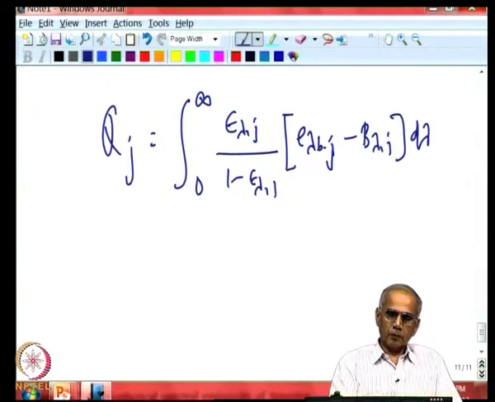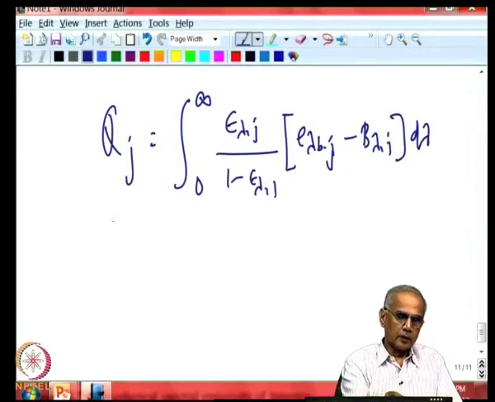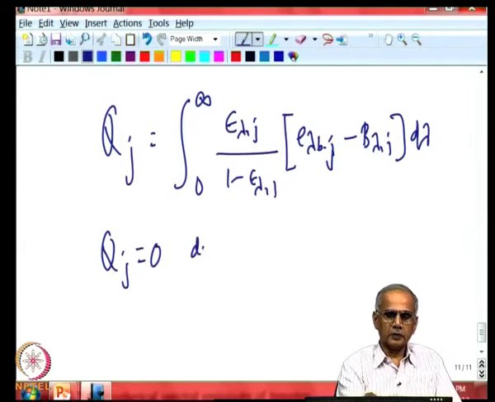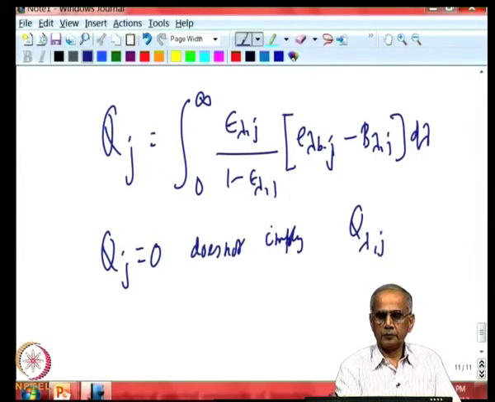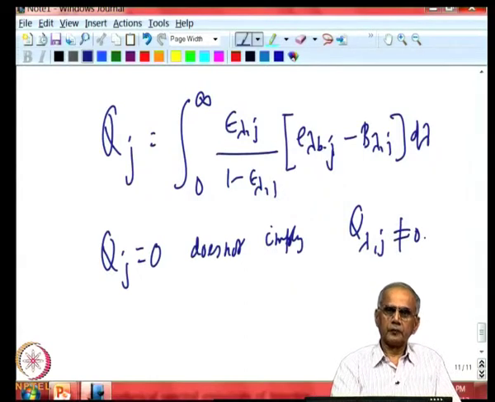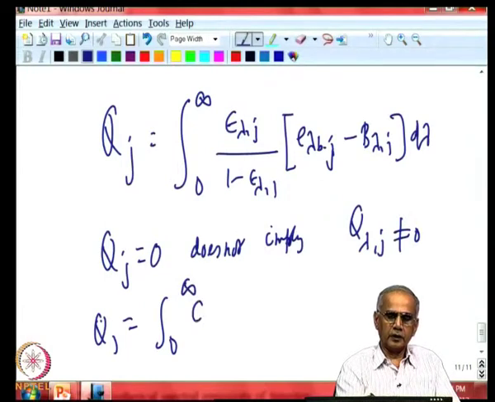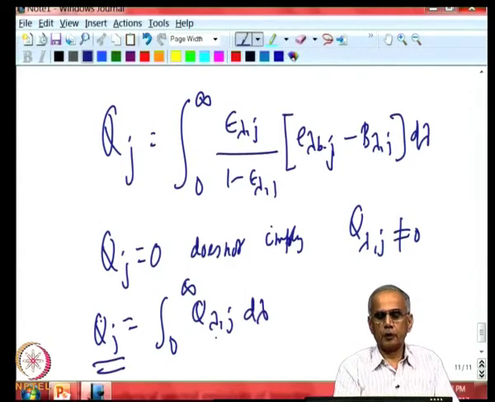So, although most of the results are very similar to the gray case, you must remember that q j equal to 0, an adiabatic surface, does not imply that q lambda j is 0, because q j by definition is integral 0 to infinity of q lambda j d lambda. But this is 0 does not mean this is 0, because all you are saying is the integral is 0.